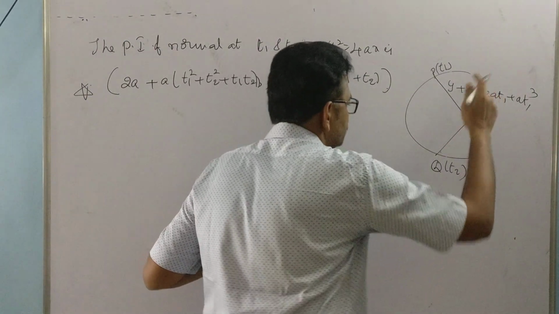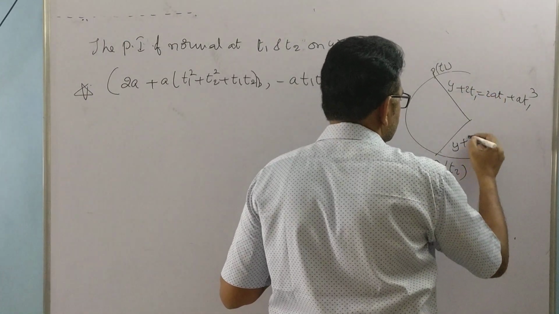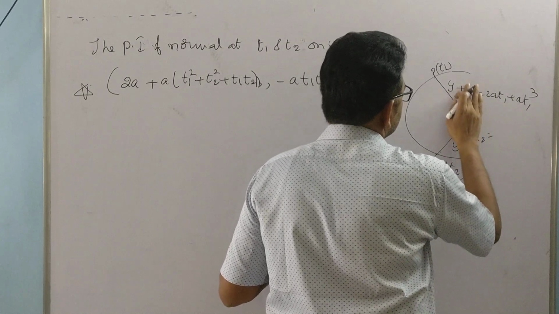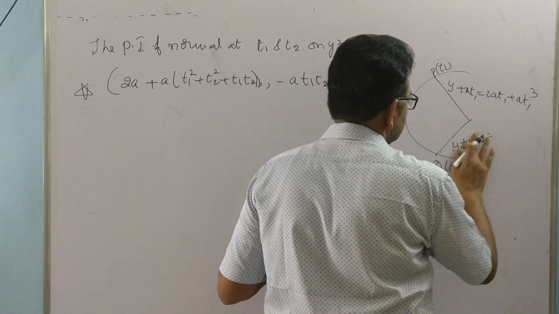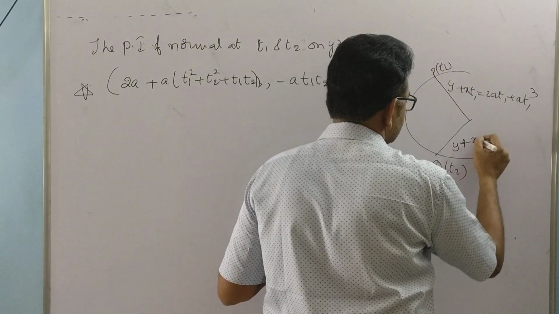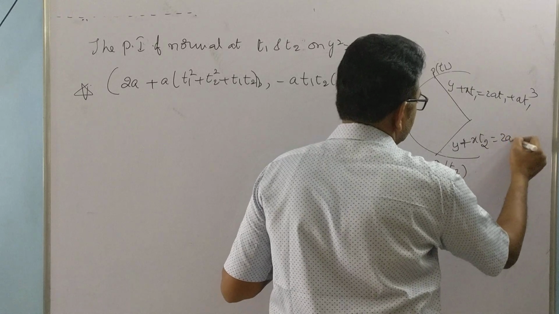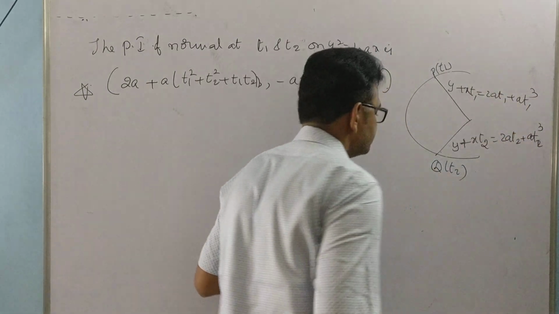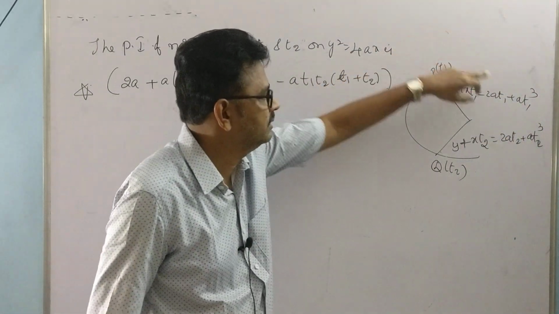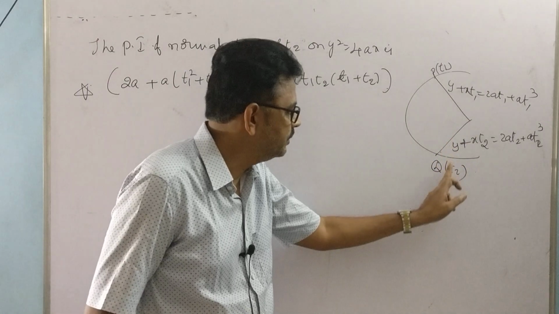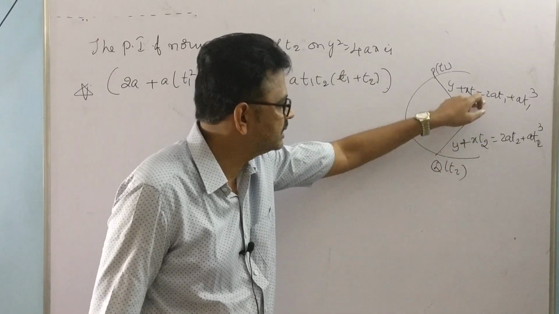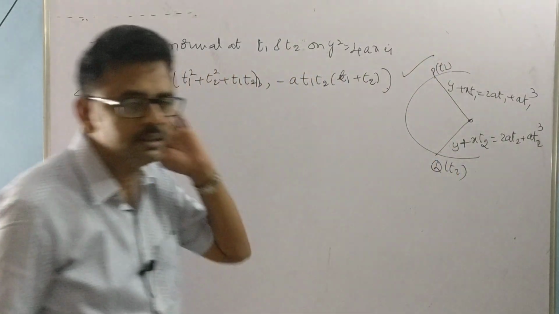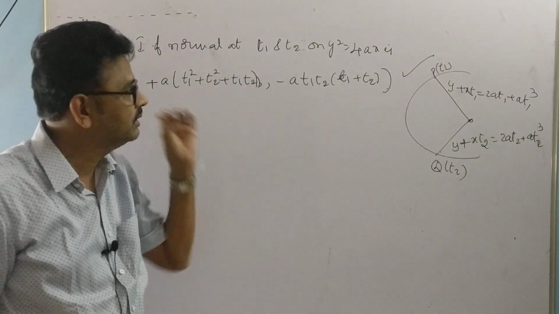At the point T2, what is the equation? y plus x t2 is equal to 2a t2 plus a t2 cubed. At the point T1, the equation of normal; at the point T2, the equation of normal. By solving these two you get a point. That point is the point of intersection of normals at T1 and T2.